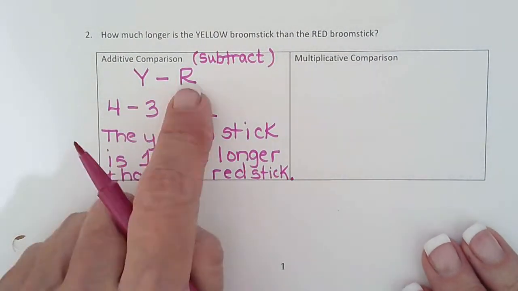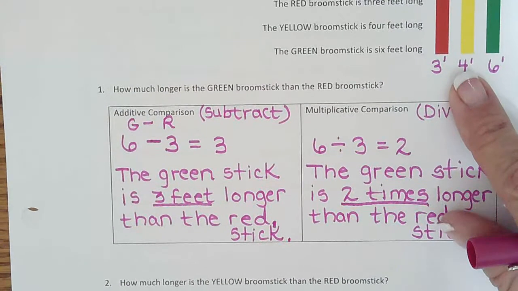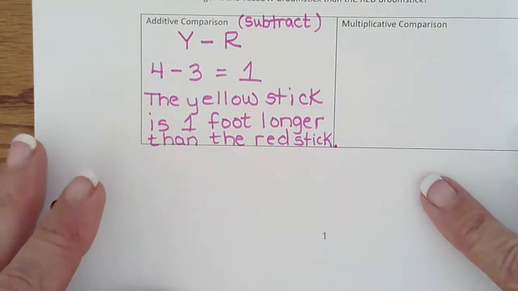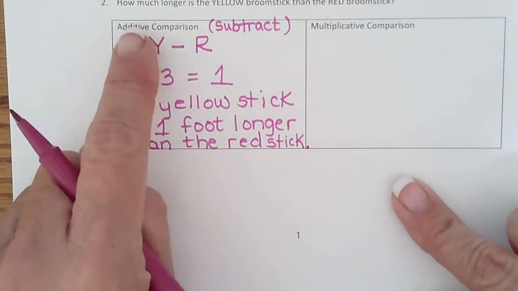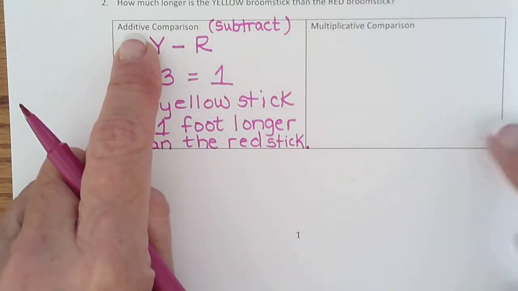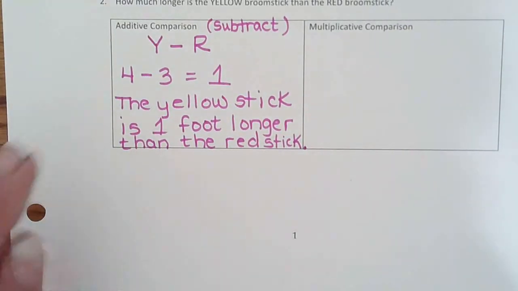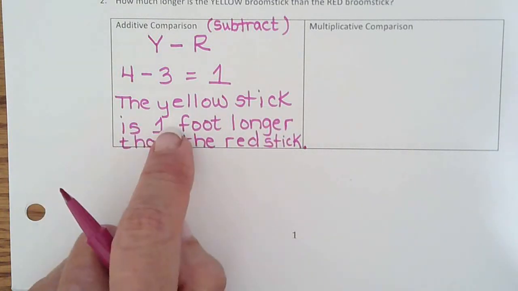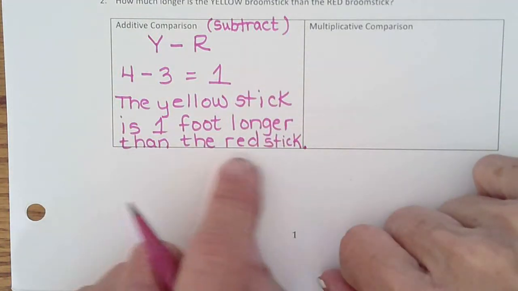So yellow minus red. So we look up here and we go, yellow is 4, red is 3. So we're going to go 4 minus 3. So down here you can see we did 4 minus 3. And remember, with additive comparison or additive reasoning, we use feet longer. So we would say the yellow stick is 1 foot longer than the red stick.